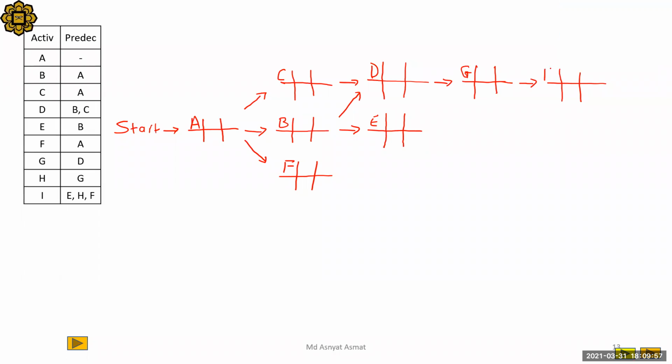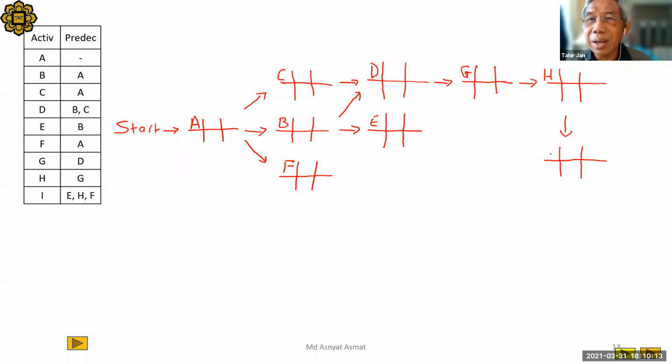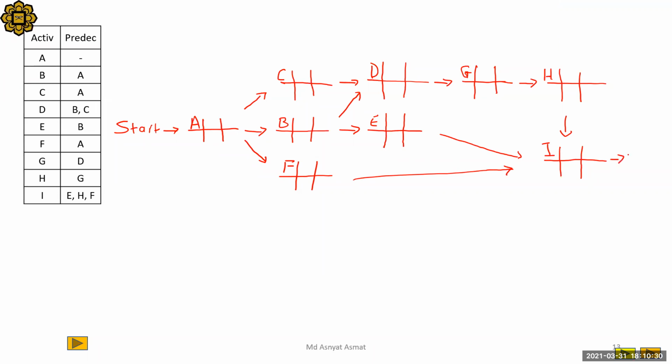H. And then I is after E and F. I just go down. The most important is the sequence. I is after H, after E, and F. So far away. Then this one, I. No more, right? Finish.